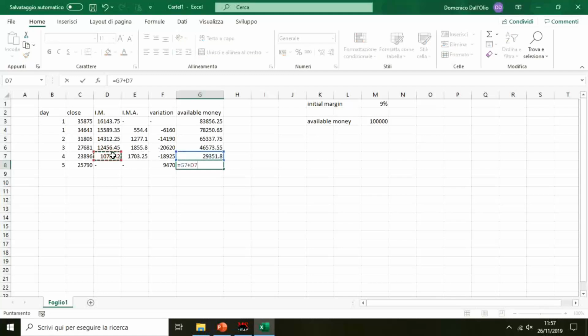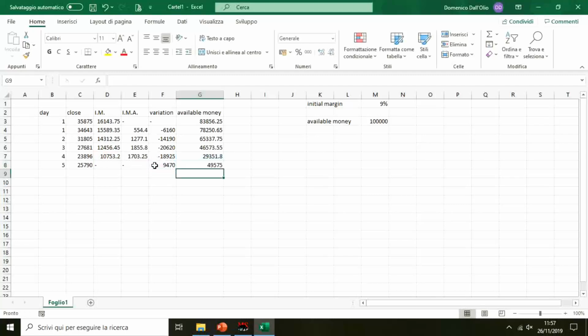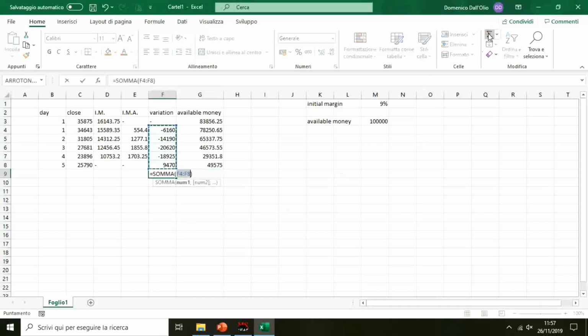initial margin gets restituted in the moment we close the position, plus the last variation margin. So in the end, we have left 49,575 euros. Let's check it in another way. The final profit and loss of the position is 50,525 euros.